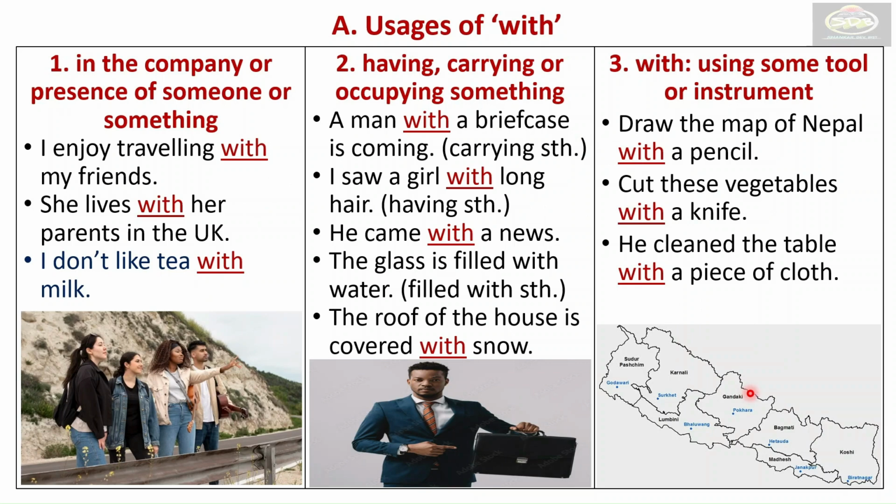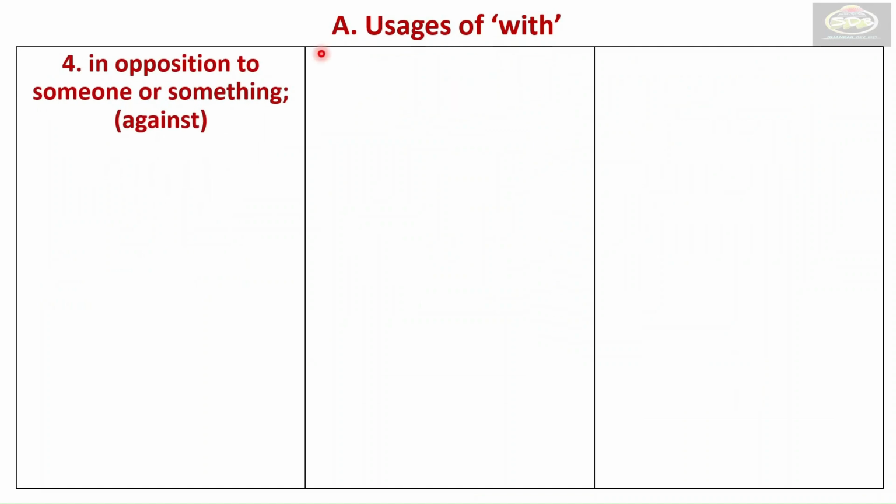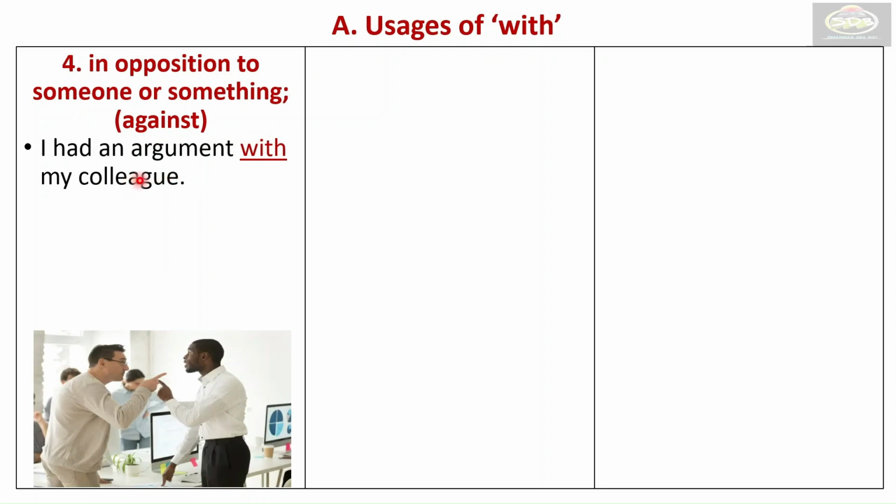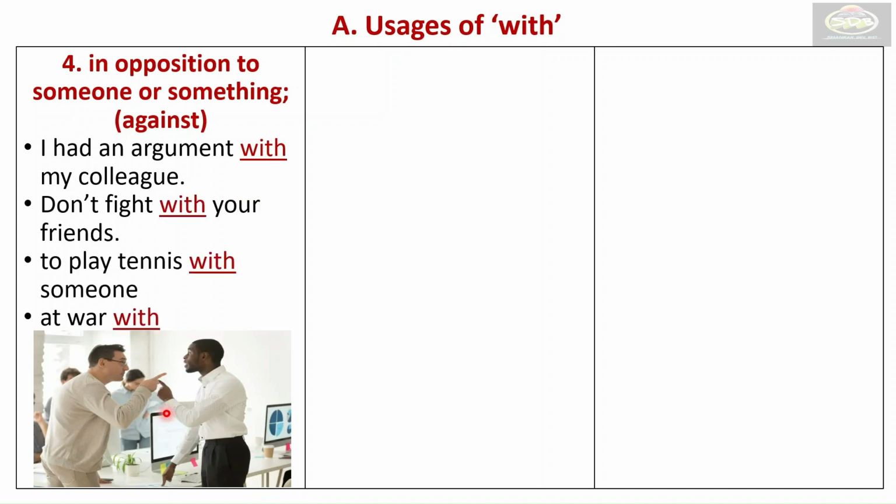Let's move to the fourth use of with. To indicate in opposition to someone or something, to refer to against someone or something. Example, I had an argument with my colleague. Argument with, fight with, discussion with, row with.